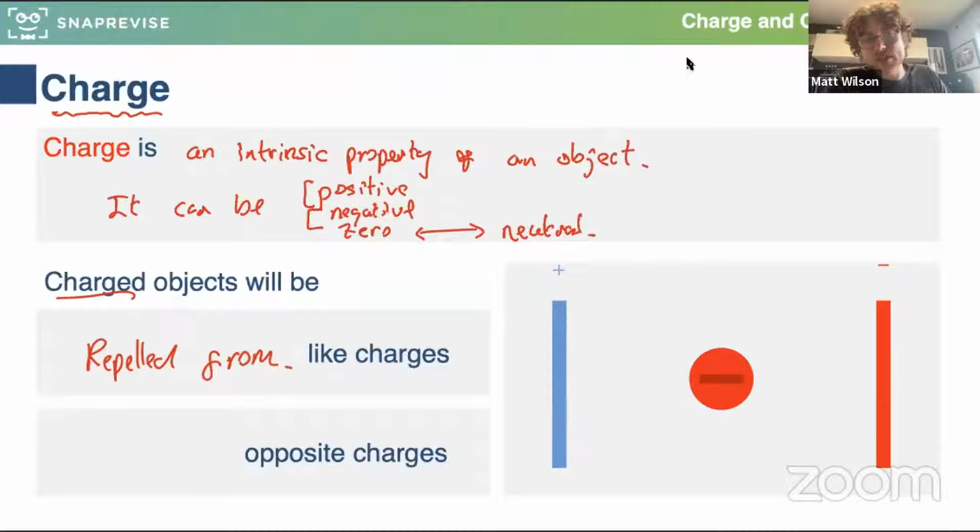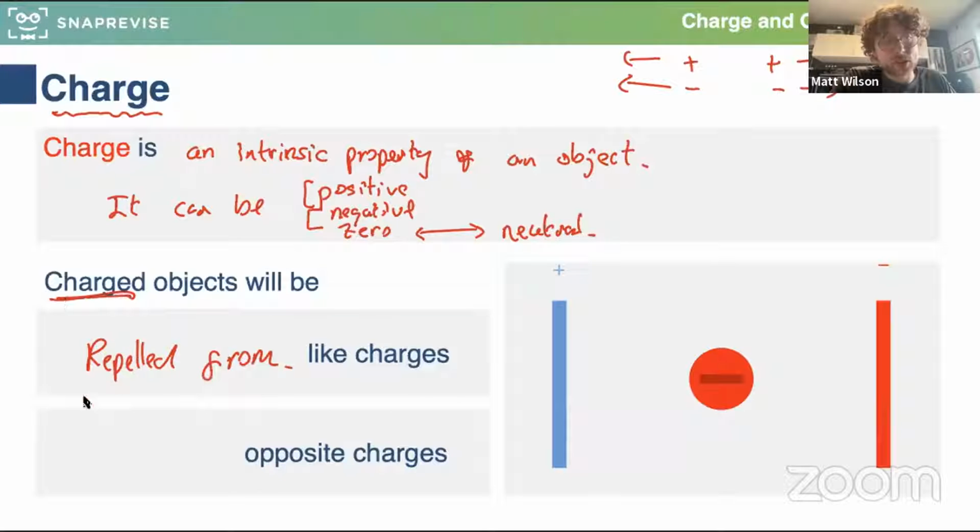So what does this mean? If I have a positive charge and another positive charge, they will push each other away. If I have a negative charge and another negative charge, again, they will push each other away. They will be repelled.